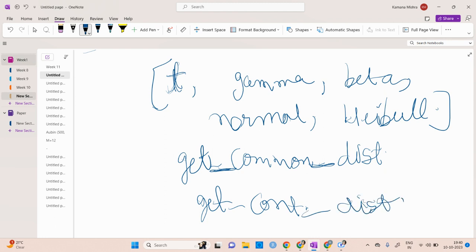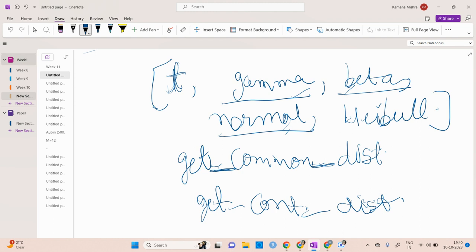Now, what can happen is that your data is following, let's say, these three distributions, right? Because we are dealing with some error, we are dealing with some 95% significance. That means we are accepting this 5% of error. So let's say your data is following this and this distribution, and of course they have their parameters.